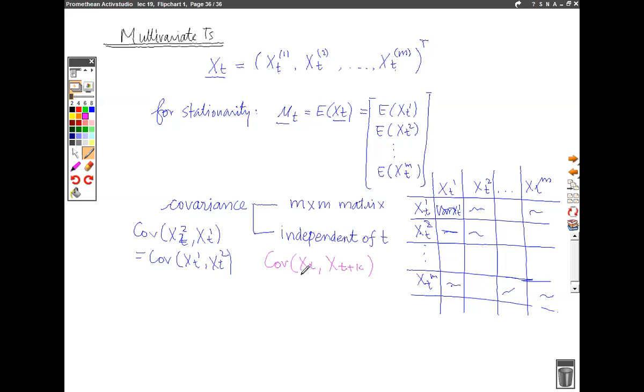Again, this xt here will be some vector and this xt plus k here will be some vector. Then you will have to figure out these covariances, and you will have a matrix which you denote as sigma. And this is the dispersion. And here you have mu t, which you denote as mu. Again, this is a vector and this is a matrix.